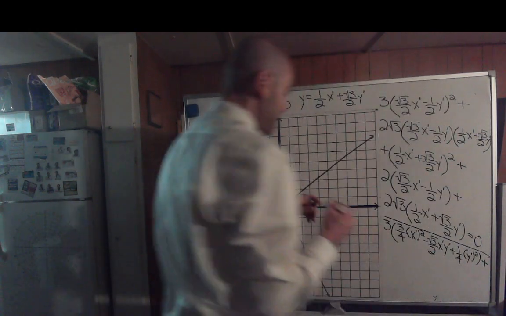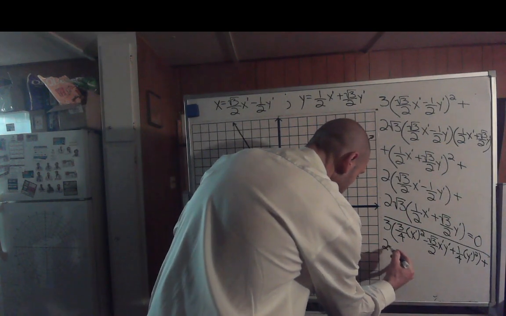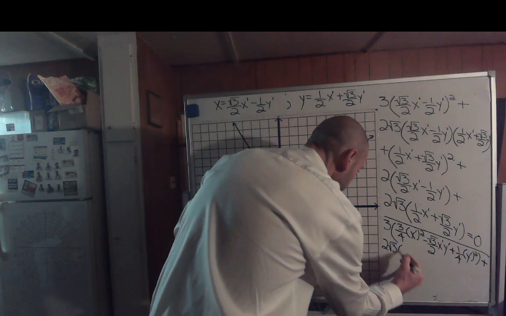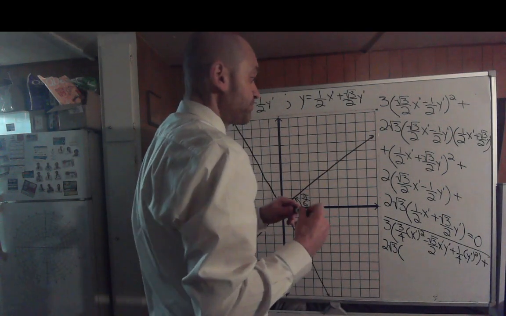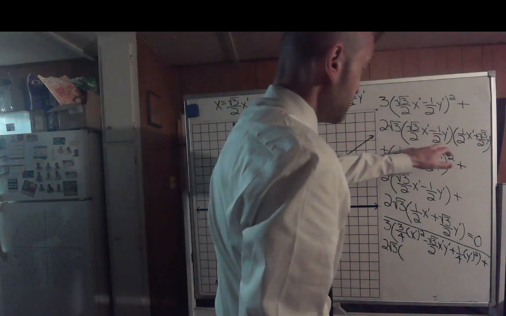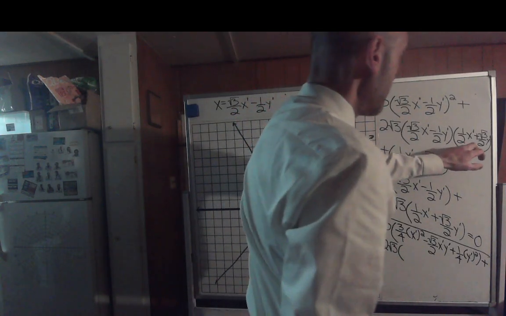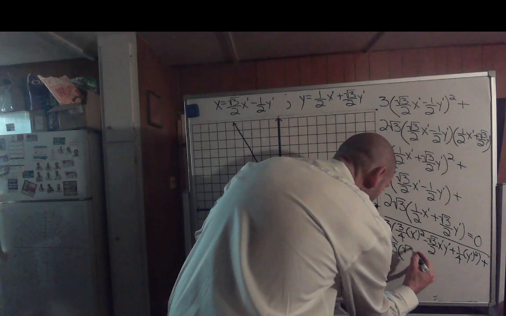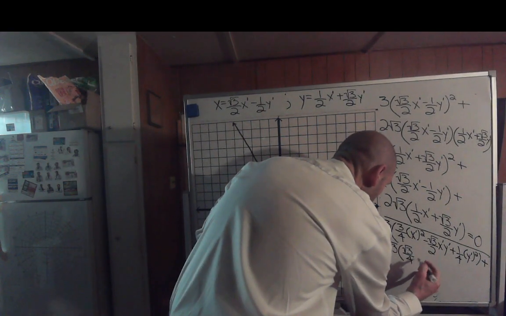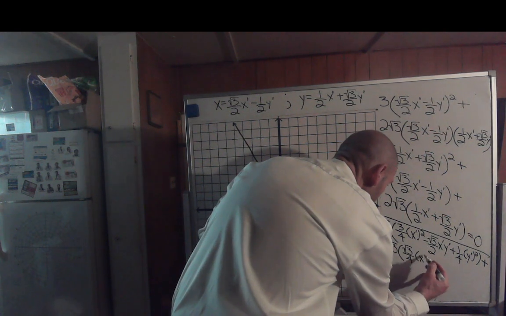Plus, if I take 2 times the square root of 3, I'm going to FOIL all these. 2 times the square root of 3 times these two FOILed, so square root of 3 over 2 x prime times 1/2 x prime, that'd be square root of 3 over 4 x prime squared.